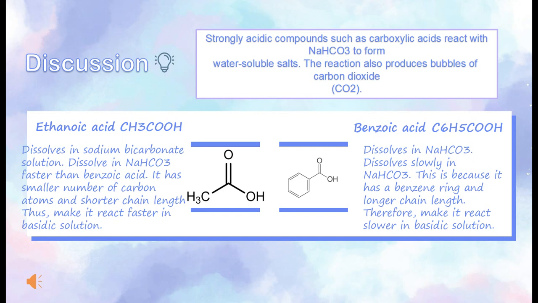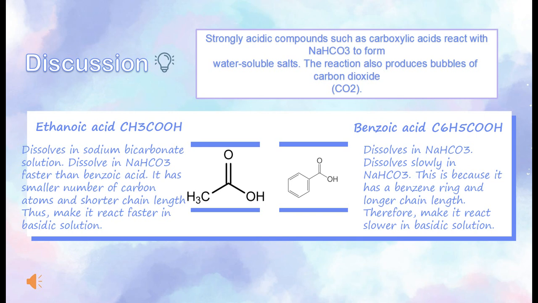Okay, so ethanoic acid dissolves in sodium bicarbonate solution faster than benzoic acid because, as we can see, the small bubbles appear quicker and faster, and a lot more bubbles appear in the ethanoic acid when it reacts with sodium bicarbonate solution.